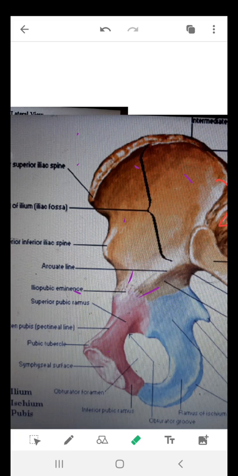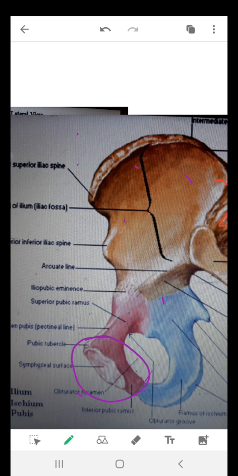Now I want you to look at the medial aspect of the pubis. You will notice something different. You will notice that there is a flat part of it that we are going to be calling the symphysial surface. Remember when I introduced this lecture, I told you that this pubic bone, we have two of them, left and right, so they join together at the midline.